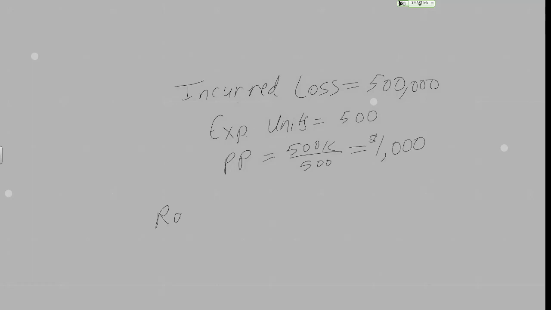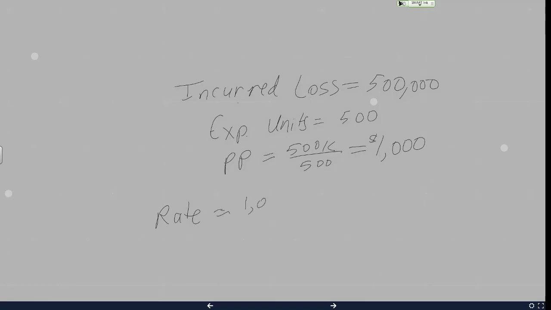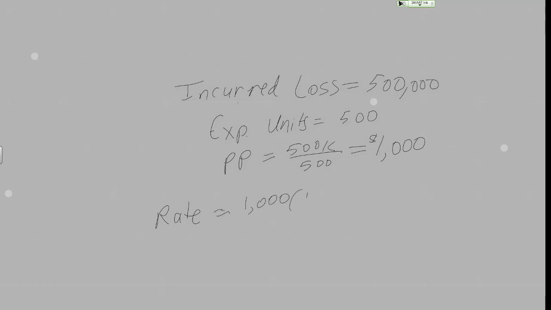So the rate equals the pure premium of 1,000 times 1 plus the expense ratio. Let's assume the expense ratio is 30%. So 1 plus 0.3, divided by 1 minus the profit or contingencies factor.